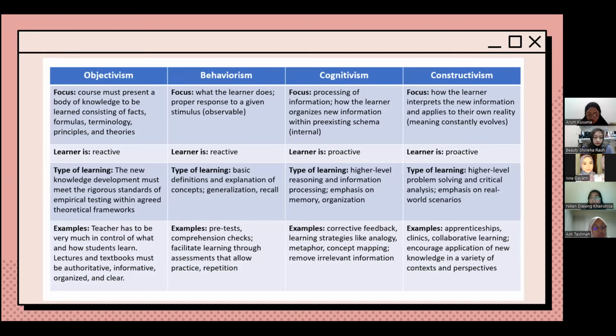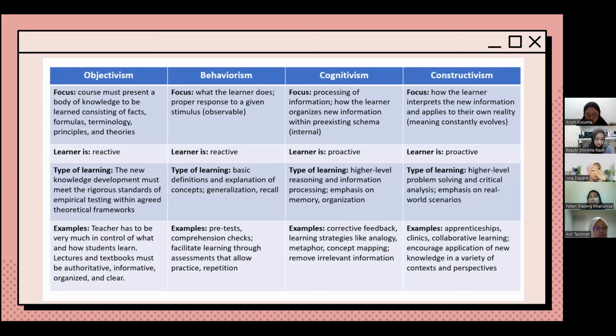And the learner is reactive in objectivism, and for the type of learning, new knowledge development must meet the rigorous standards of empirical testing within agreed theoretical frameworks. For example, the teacher has to be very much in control of what and how students learn. Lectures and textbooks must be authoritative, informative, organized, and clear.